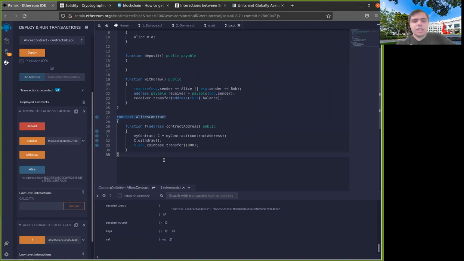Now I can just write block.coinbase, and that means the miner of the current block. It will definitely pay the miner. So the miner will definitely be incentivized to put the call to this function f before Bob's call to the function withdraw. Okay?